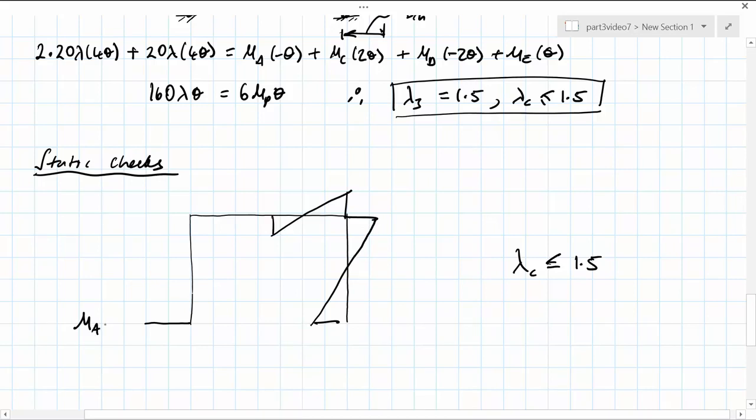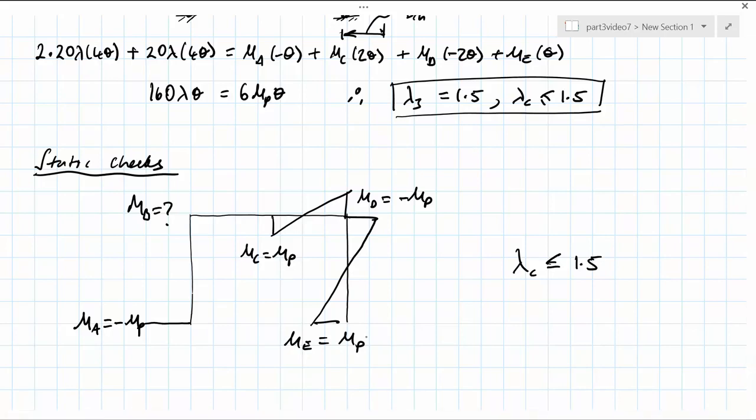MA is equal to minus MP, MB is unknown, MC is equal to MP, MD is equal to minus MP, and ME is equal to MP.